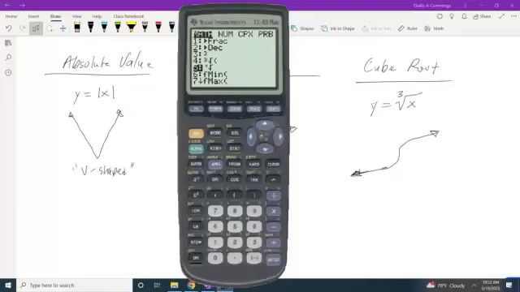This is called the x root key. Let me show you how to use the cube root. I'm going to choose this cube root, put in x, close off my root. And if you graph it, there's no special name for it, but it's like a sideways S. But that's the general shape.